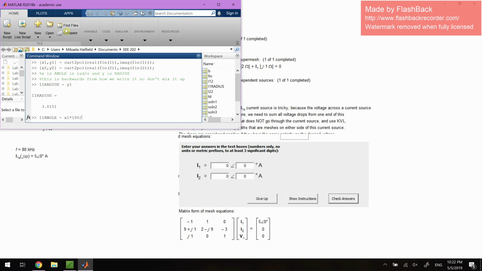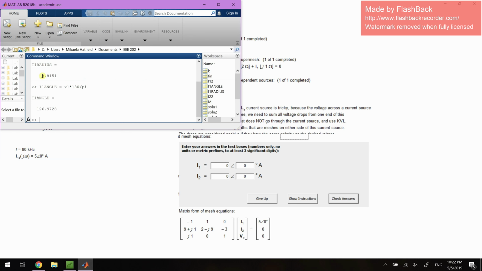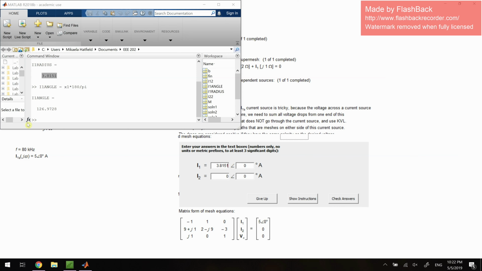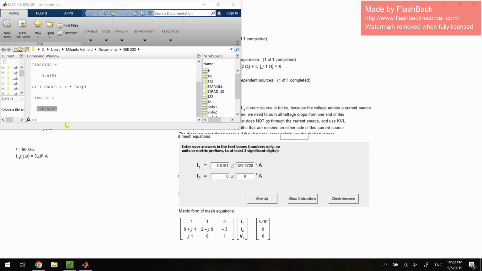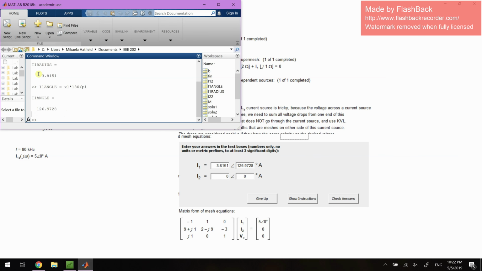Excuse me, we have to multiply by 180 and divide by pi because they are currently stored in radian form, and we need them to display in degree form. So once you do that, as you can see on screen, you can just copy and paste that right into Circuit Tutor. I'm going to do the same procedure for x2 and y2.